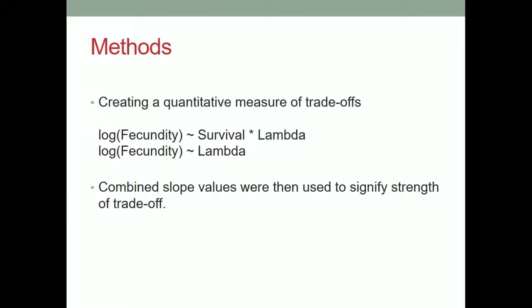At this point, my analysis hasn't included any effects of the data coming from different populations or different years, so I'm attempting to correct for that slightly by correcting for lambda within the model. The slope values of these were then used to quantify the trade-off.